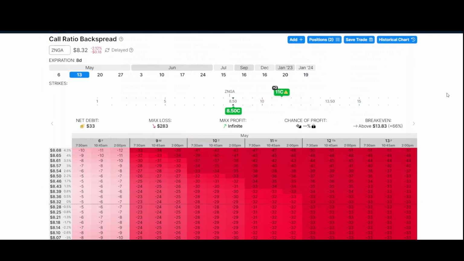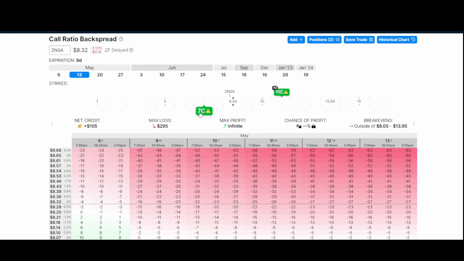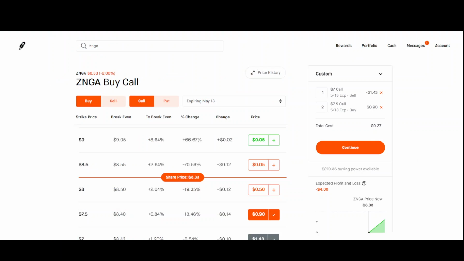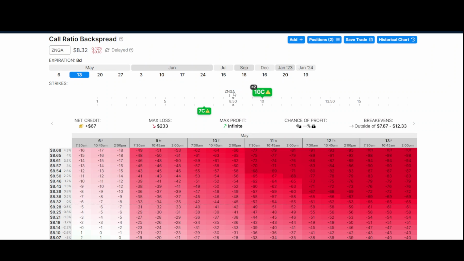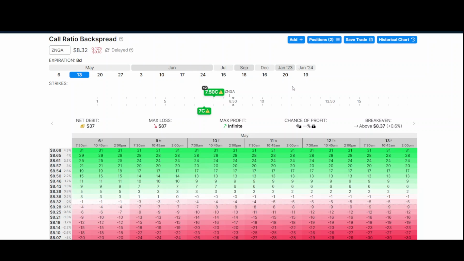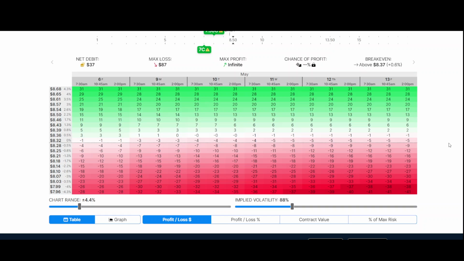The sell is on the bottom, and it was $7. Then we bought a $7.50 call twice. Buying is on top, and you can see the little times 2. We bought a $7.50. There we go, we can see that now.